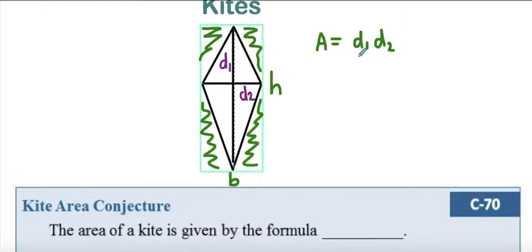So again, like in my last one, if I eliminate these pieces, really what I'm doing is just dividing this larger rectangle by 2. And I can write that again instead of divided by 2. You're going to see that most times as 1/2 of diagonal 1 times diagonal 2. So there's the area. There's the area of my kite.